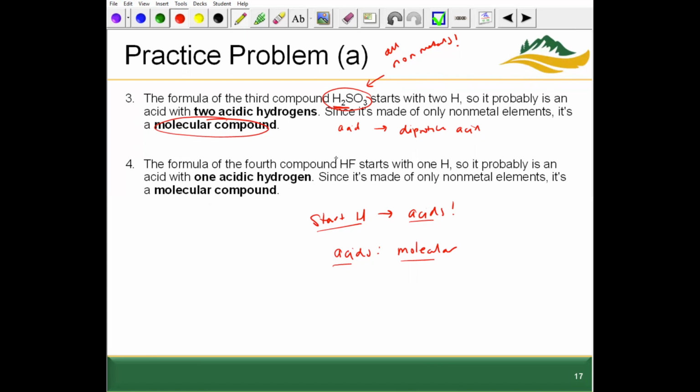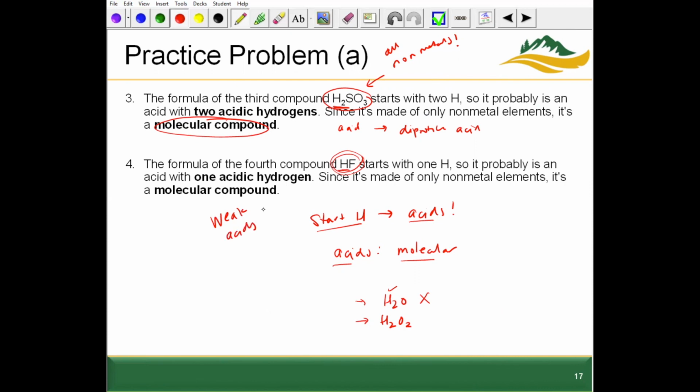Next, for HF, this does start with an H, and it's not one of our exceptions of water or hydrogen peroxide, where, though they start with an H, we don't technically usually classify them as acids. So this starts with an H, and it's not one of our exceptions. So this is an acid. We probably also recognize this as hydrofluoric acid, one of our weak acids.